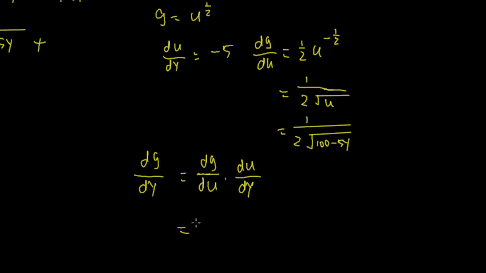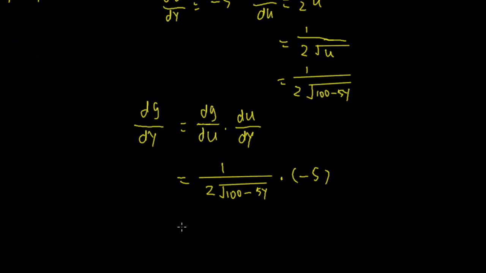And what's that equal to? dg over du is 1/2 times square root of 100 minus 5y, times du over dy, which is -5. So that is just equal to -5 divided by 2 times the square root of 100 minus 5y.